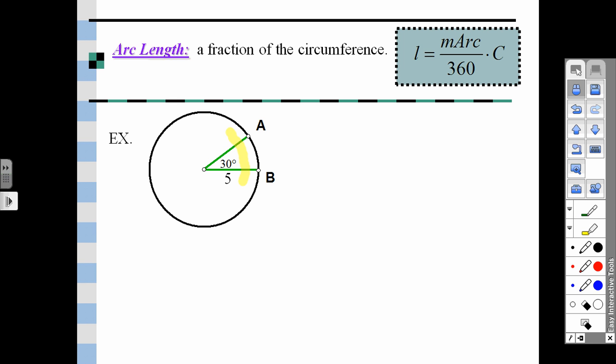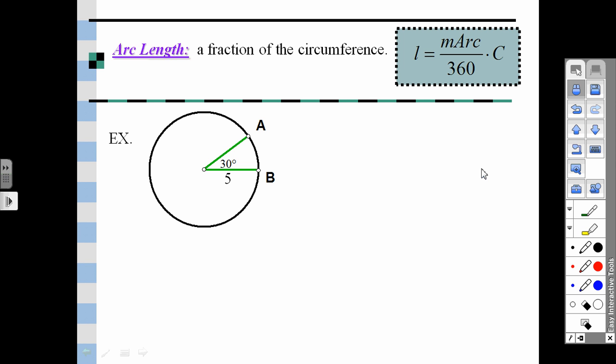The next thing that we can solve for, looks like I have to erase my screen, there we go. The next thing we can solve for is to figure out the length of an arc. So there is a difference between a measure of an arc and a length of an arc. The measure of the arc talks about the number of degrees that it occupies, basically.